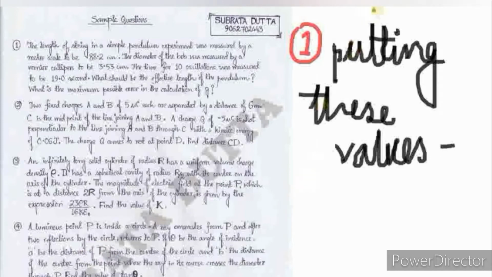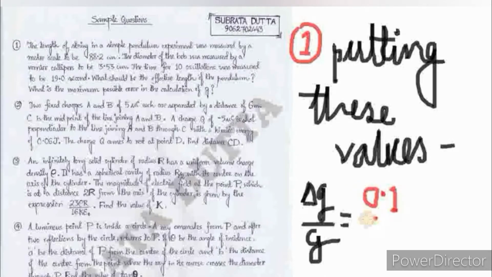So putting these values in our equation, we get the relative error form: delta g by g is equal to 1 into delta L by L, where delta L equals 0.1 and L equals 90.0, plus 2 into delta T by T, where delta T equals 0.1 and T equals 19.0.